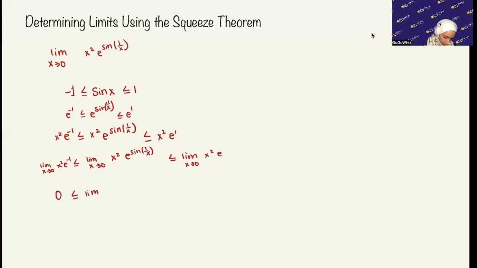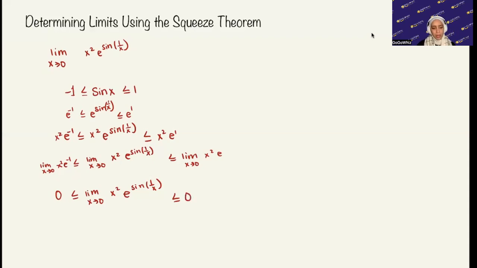I'll rewrite my limit as x approaches 0, x squared e to the sine 1 over x. And if I look at this right side of the inequality, I see that that's the limit as x approaches 0. Again, I can substitute x is equal to 0, and that's just going to be 0 multiplied by e. That's just 0. So then I'll have 0 on this side.